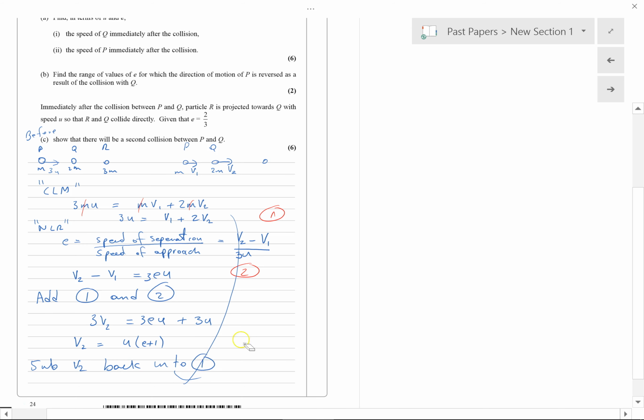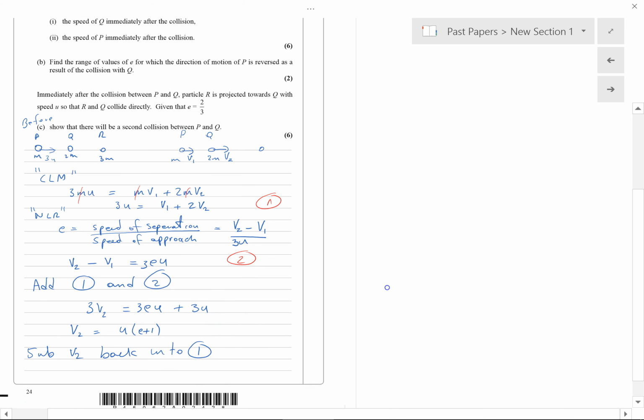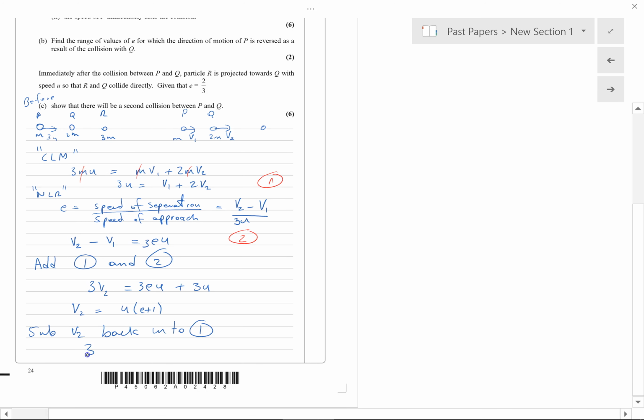I could have equally done it into 2. And we have 3u is equal to v1 plus 2u(e plus 1).